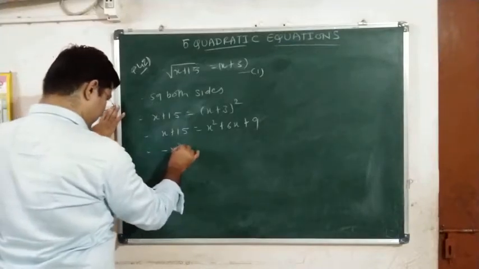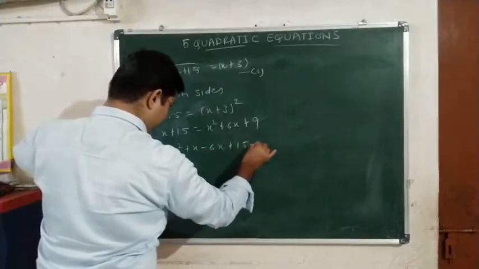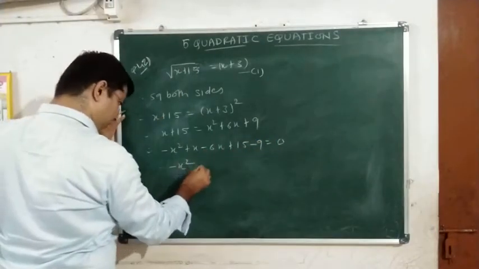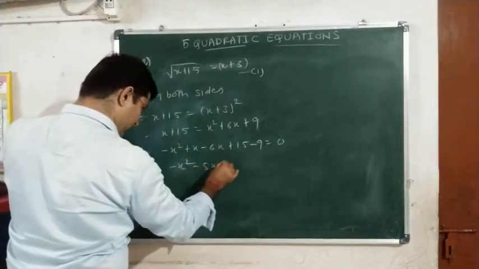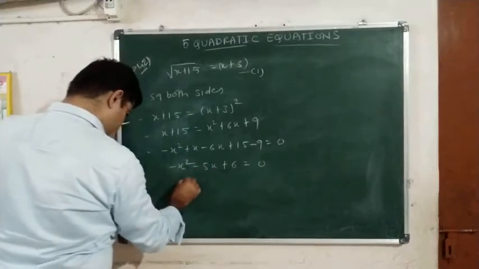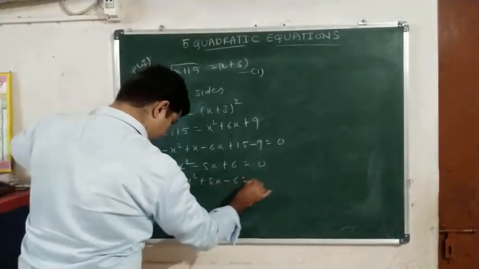Therefore minus x square plus x minus 6x plus 15 minus 9 is equal to 0. Therefore minus x square minus 5x plus 6 is equal to 0, and therefore x square plus 5x minus 6 is equal to 0.